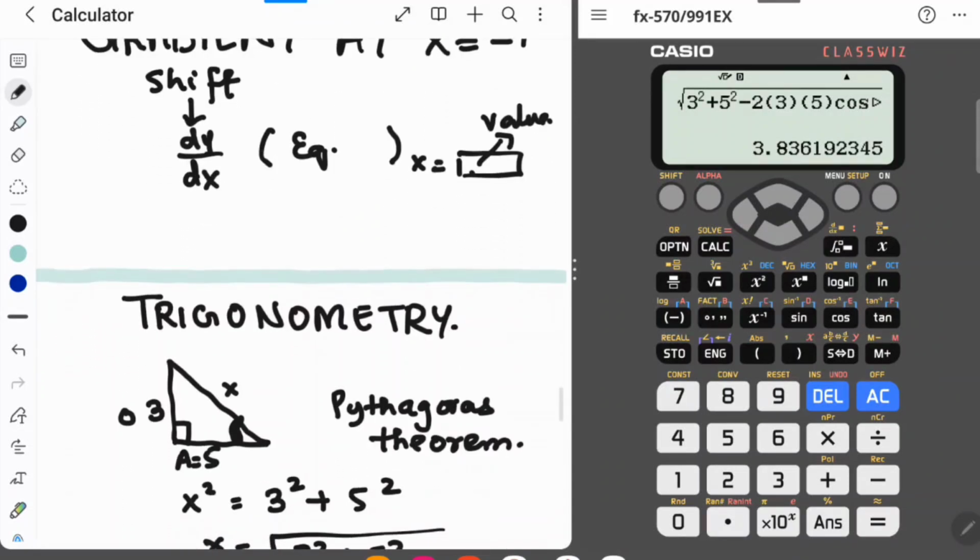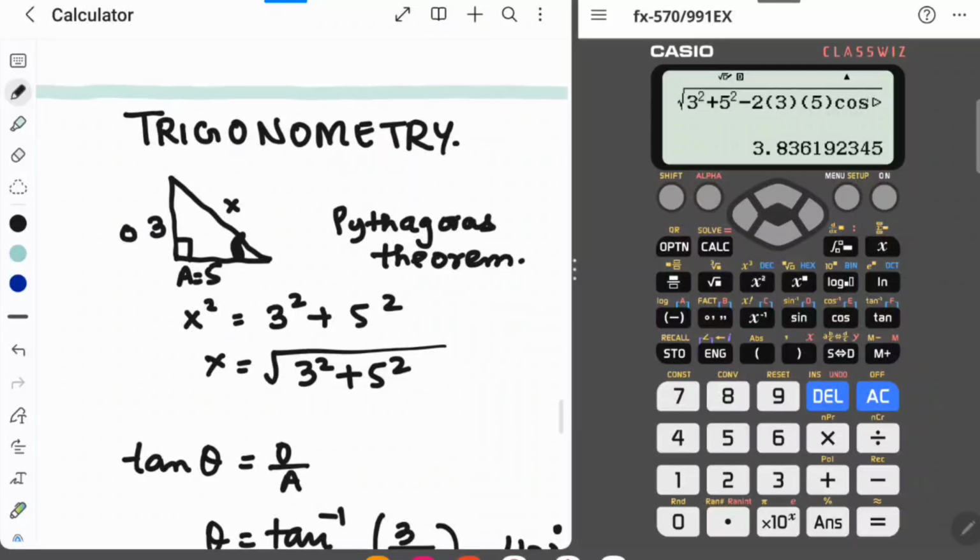If you have the right answer, you can fix your mistake also, and the trigonometry also.